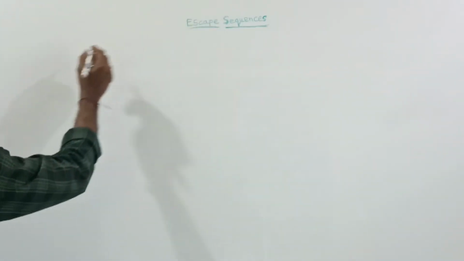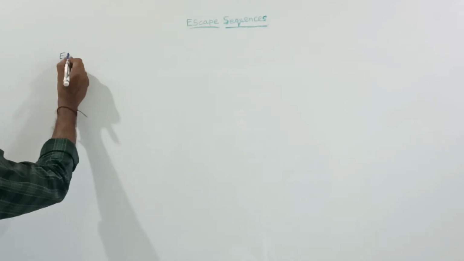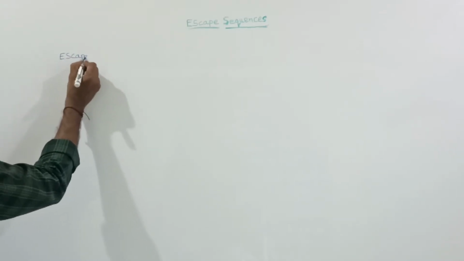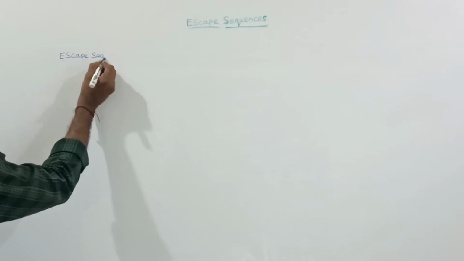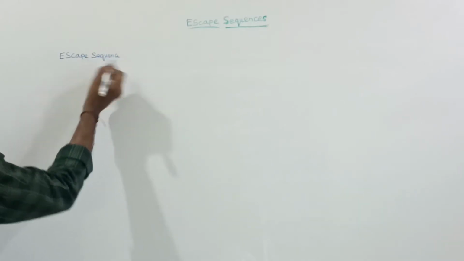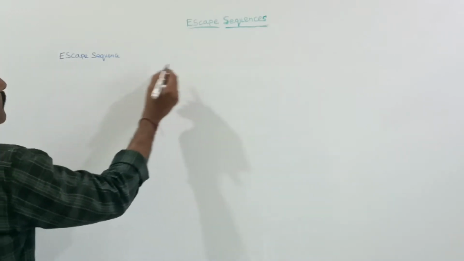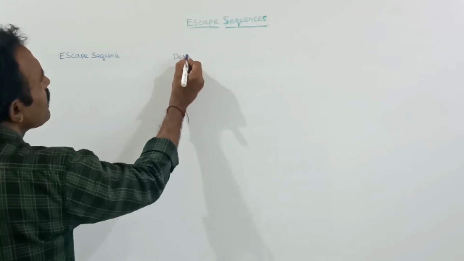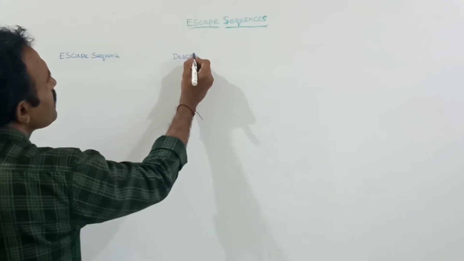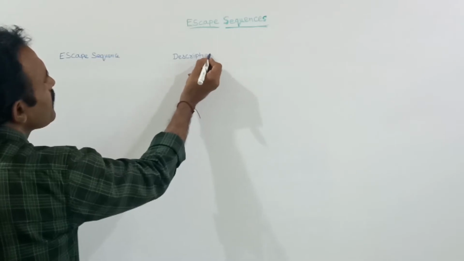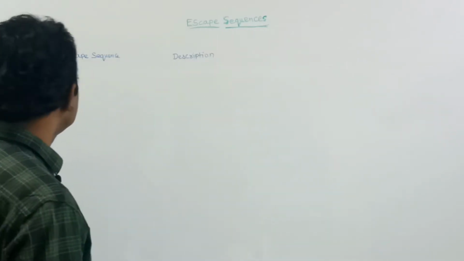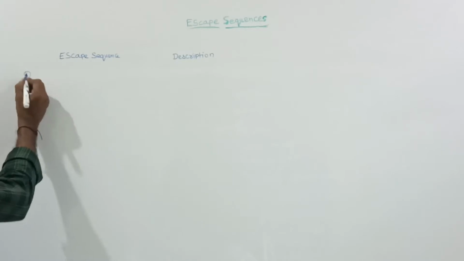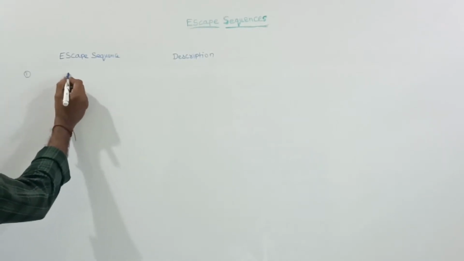Here, escape sequence, and next, description. The first one is backslash and a.